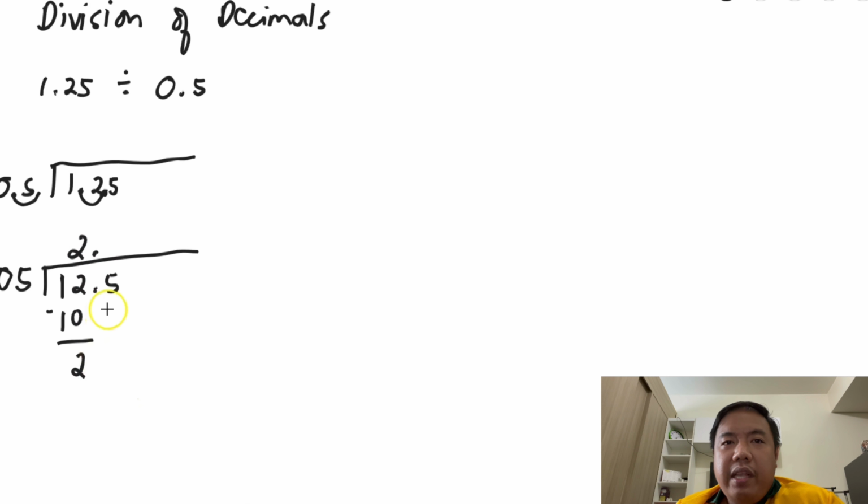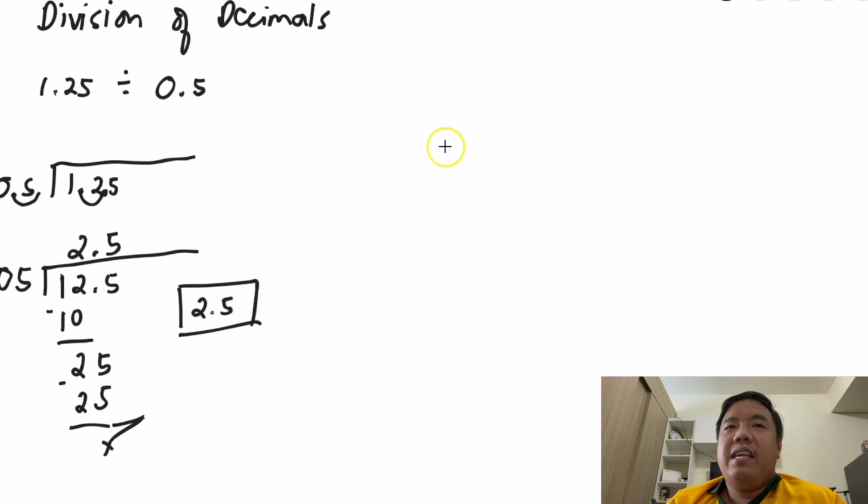Sa baba, bring down 5 naman na po tayo. How many 5s are there in 25? 5. Very good. So your quotient is 5 there. And then multiply. 5 times 5 is 25 until you reach this one as 0. Okay? So your final answer is 2.5.